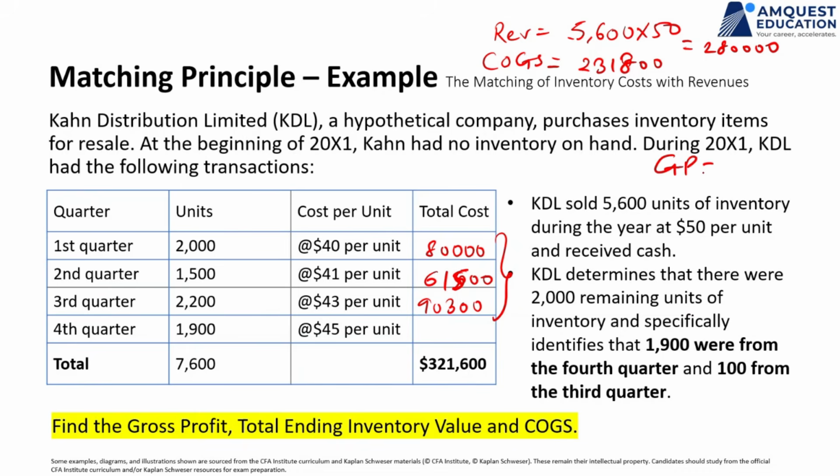Your gross profit is 48,200. So that is your first answer. Gross profit is 48,200. Cost of goods sold is this 231,800. So we have answered cost of goods sold and gross profit.